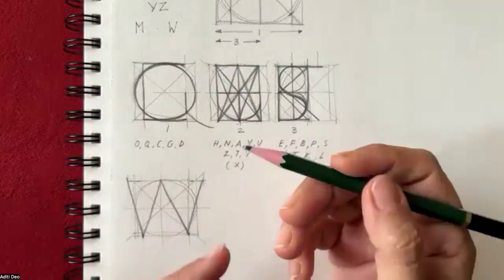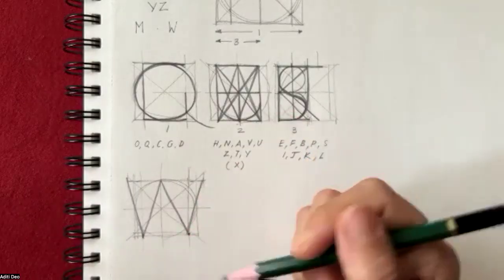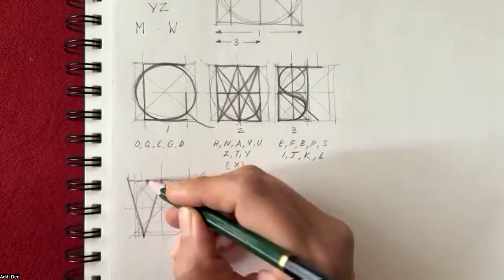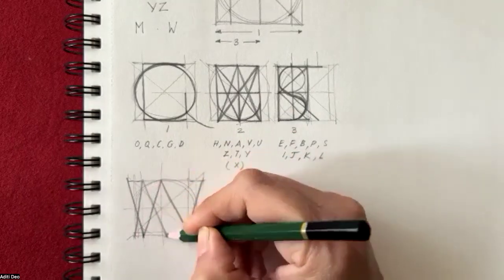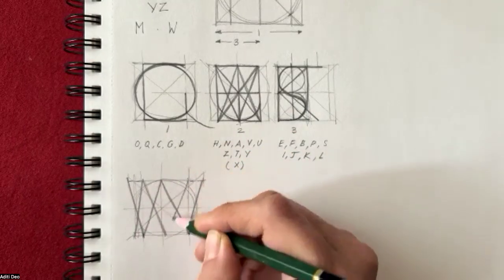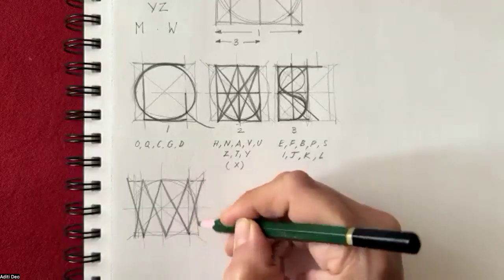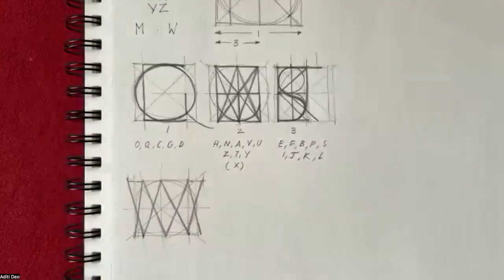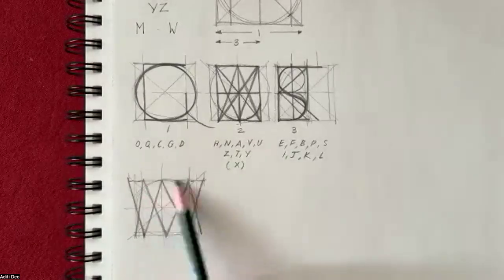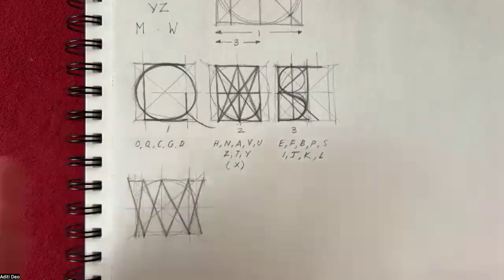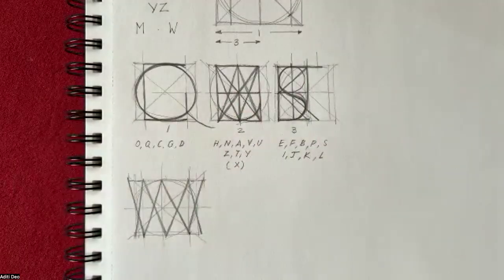And the same thing theoretically can be turned around for an M, but we can make the M slightly narrower. See, my center was not correct, so that's why my letters are leaning a little to the left.